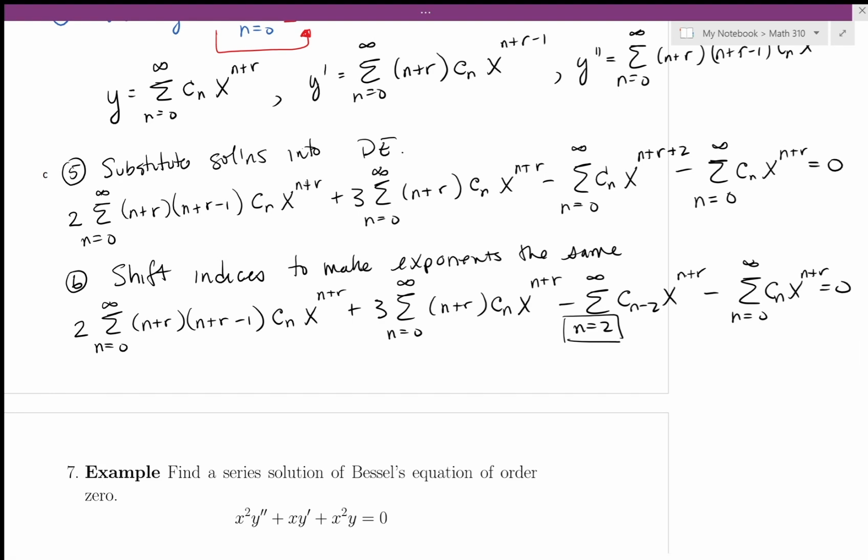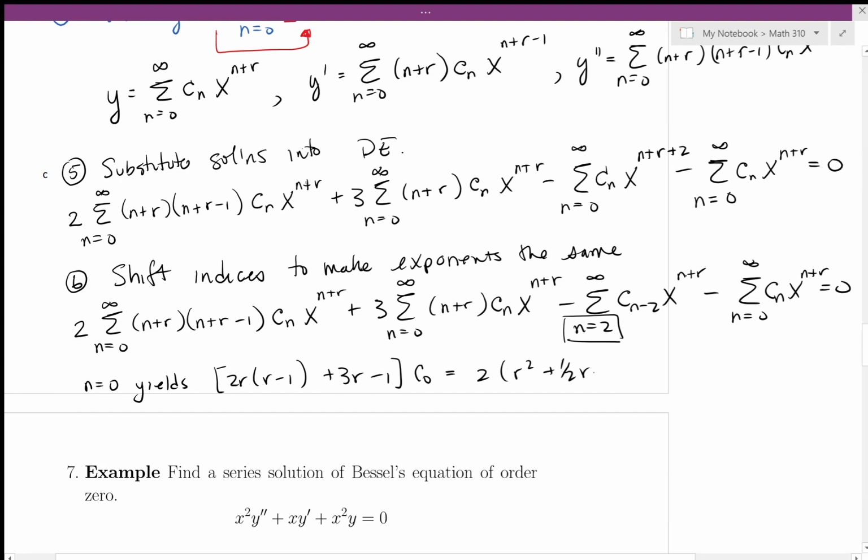And because I've got that n equals 2 there, I'm going to treat the n equals 0 and n equals 1 case separately. So n equals 0 yields this for me, this thing here, 2r minus 1 plus 3r minus 1 times c naught, which I'm going to simplify a little bit, 2 times r squared plus 1/2 r minus a half c naught equals 0.